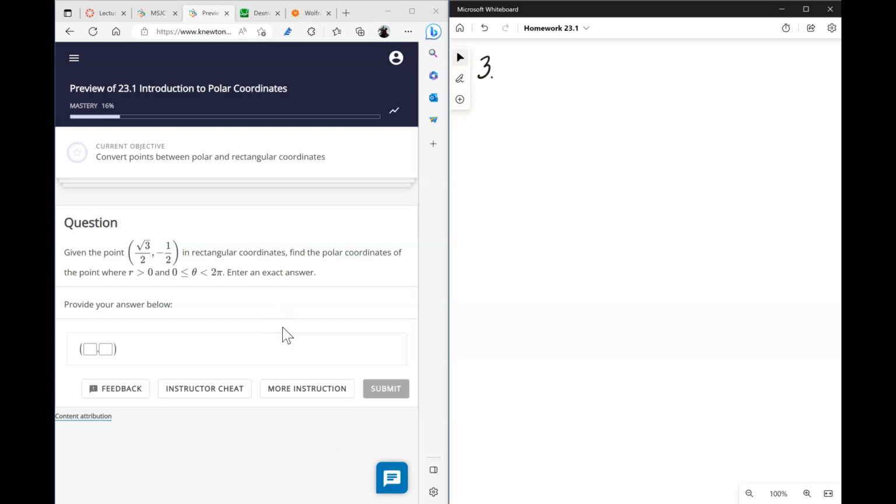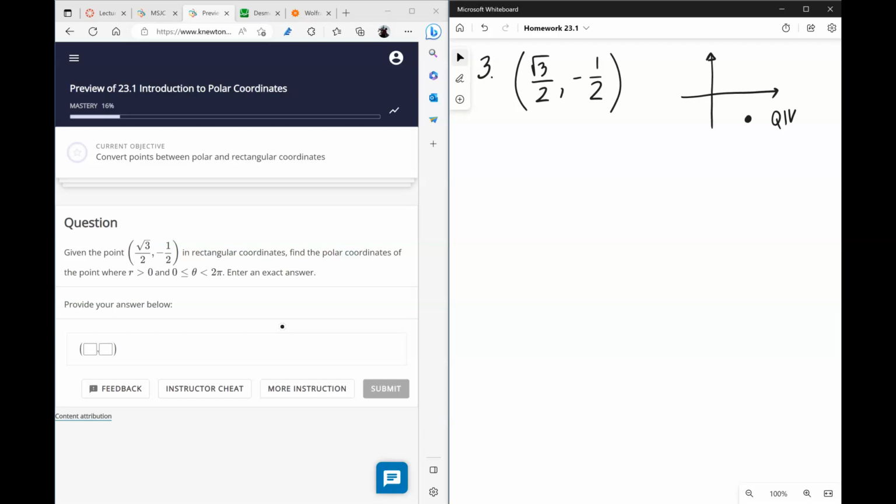Given the point in rectangular coordinates, we have to now find the polar coordinates, and let's notice that this point is in the 4th quadrant. So that should help us to identify the angle correctly in the procedure that we learned.